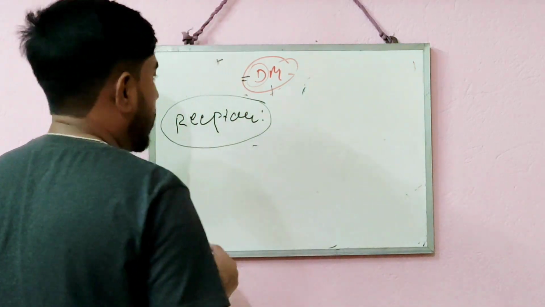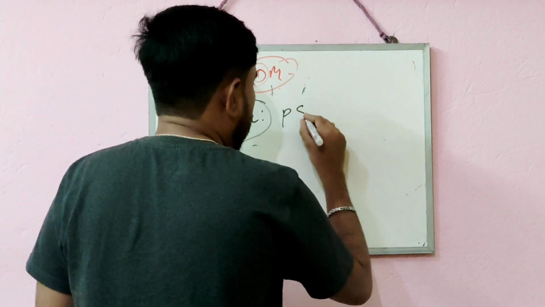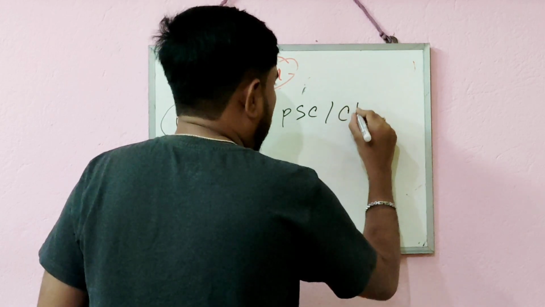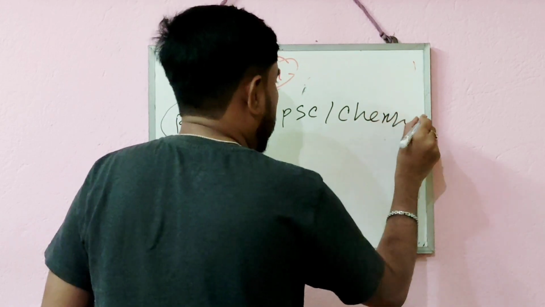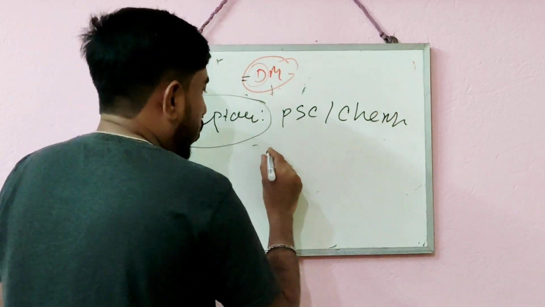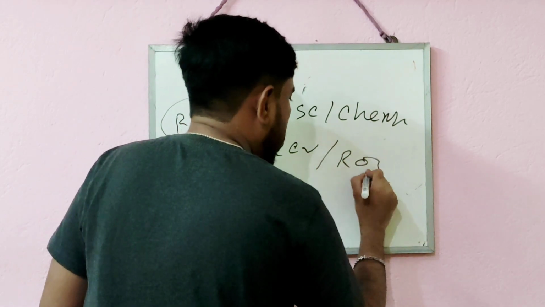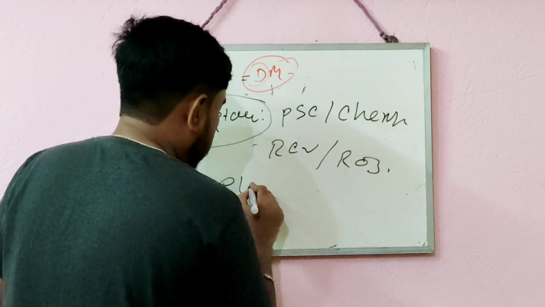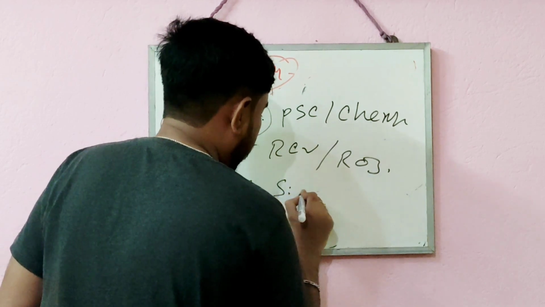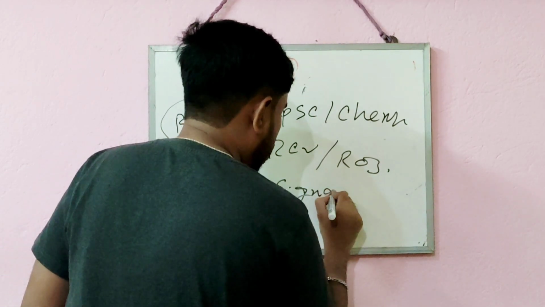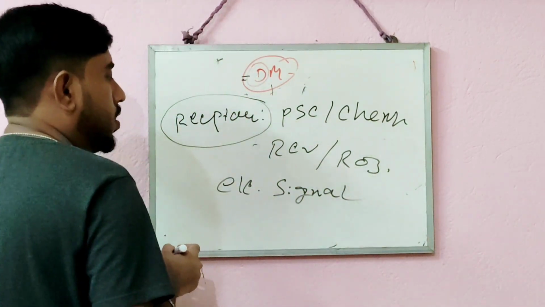So what is a receptor? Receptors are physical and chemical substances, or components of our body, that receive and respond to signals in our body. What is their main work?